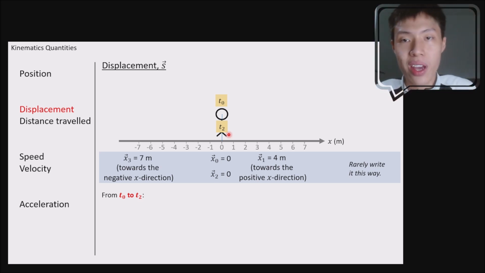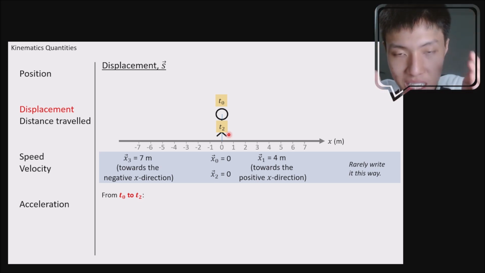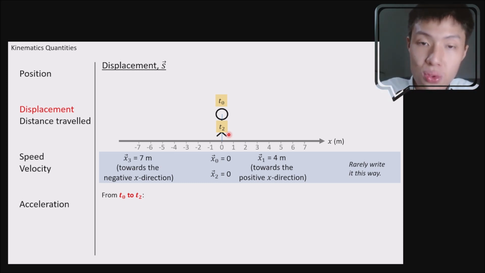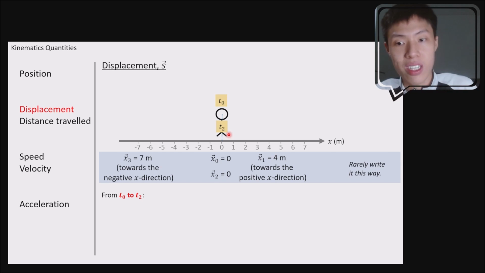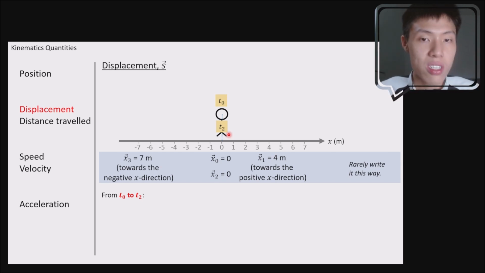We only need to know at t0 he or she is here, at t2 he or she is here. That's the only thing we need to know. We just need to know at t0 where am I, at t2 where am I. Then you can solve the problem of finding displacement. I don't care about the path.